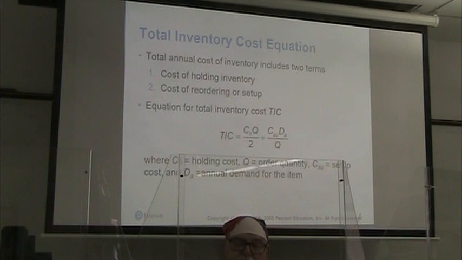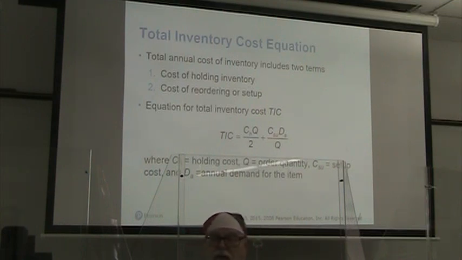So our equation for that total inventory cost, or TIC, is that the TIC, total inventory cost, equals the cost of holding times the quantity divided by 2 plus the cost of setup times the annual demand of inventory divided by the order quantity.